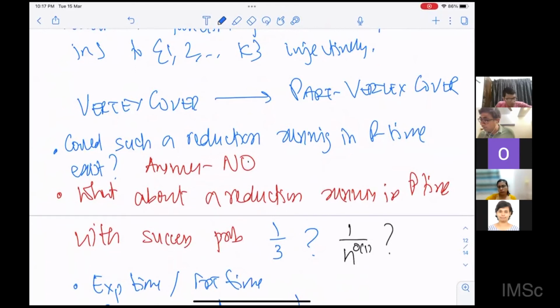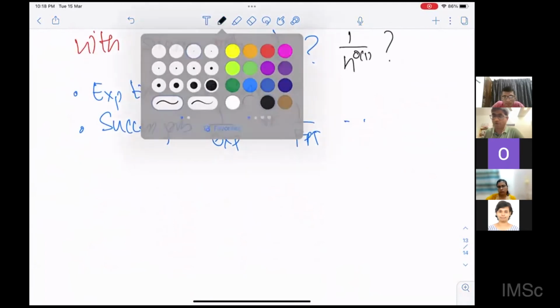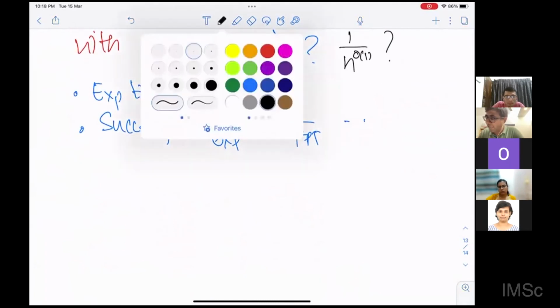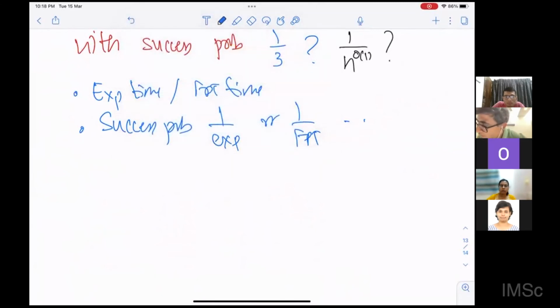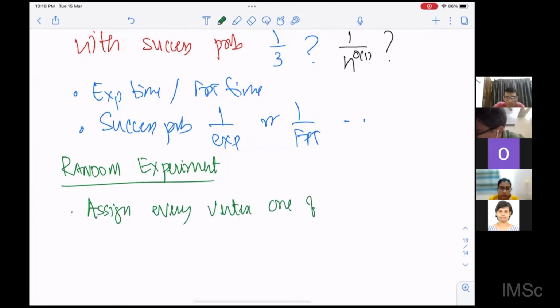Okay. So now we will go back to Sonak, who said, well, let's do the following experiment. What is our random experiment? Here's our random experiment. Assign every vertex a color from 1 to k uniformly at random.